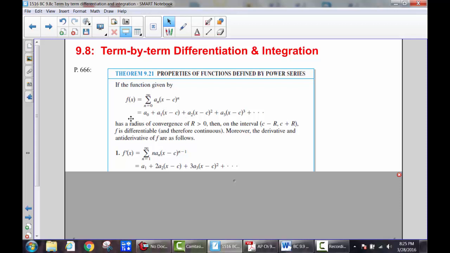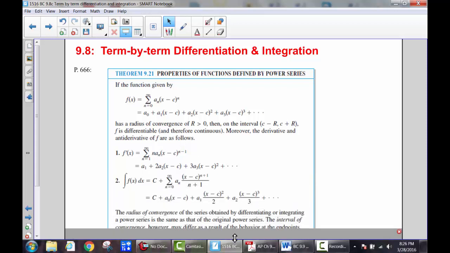And they're saying if that function has a radius of convergence of capital R greater than 0, then on the interval just to the left and the right of c, f is differentiable and therefore continuous. Moreover, the derivative and the antiderivative are as follows.